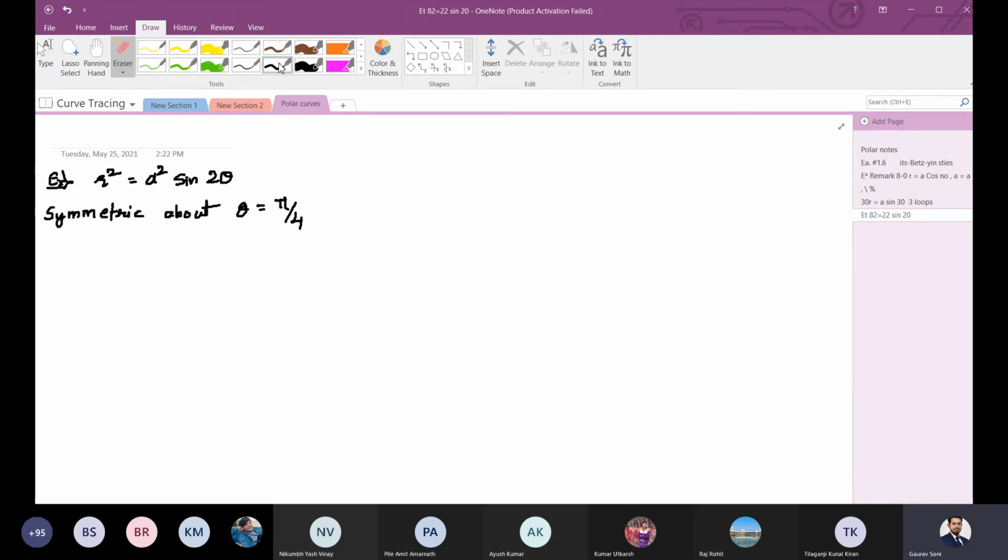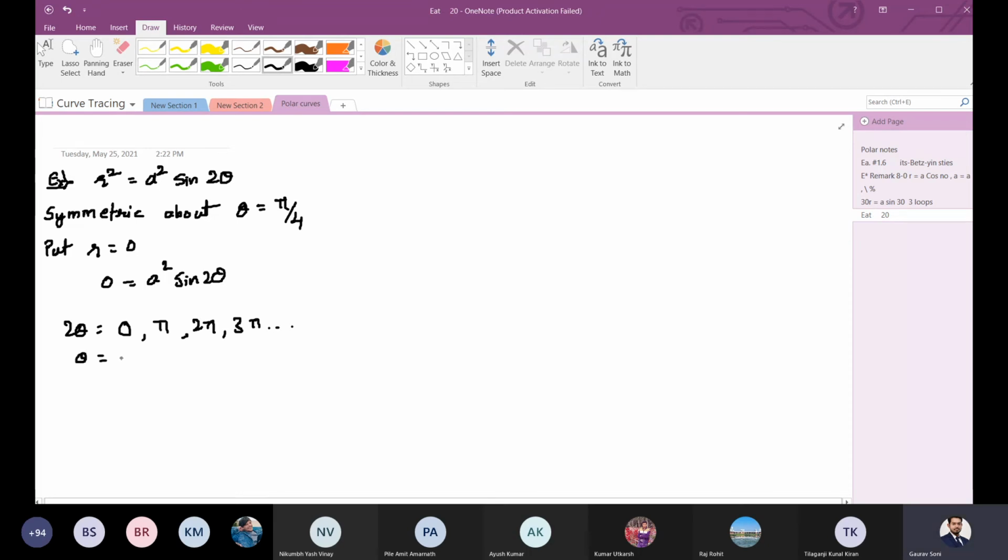Now the next thing, put r equal to 0. What do you get? 0 is equal to a square sine 2 theta. So 2 theta has to be equal to 0, pi, 2 pi, 3 pi, and so on.